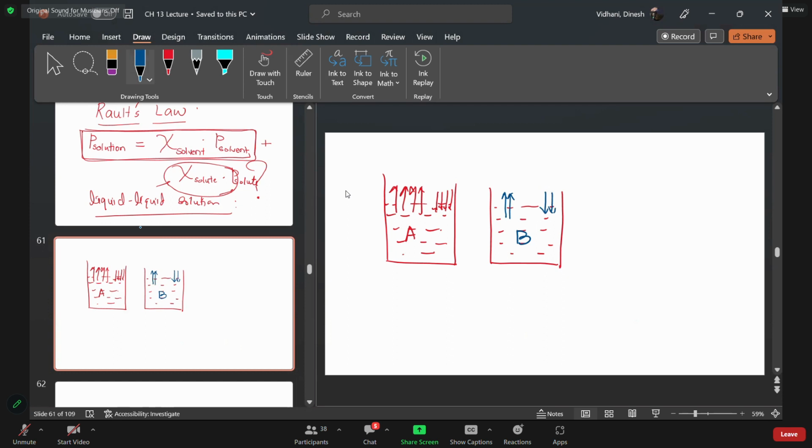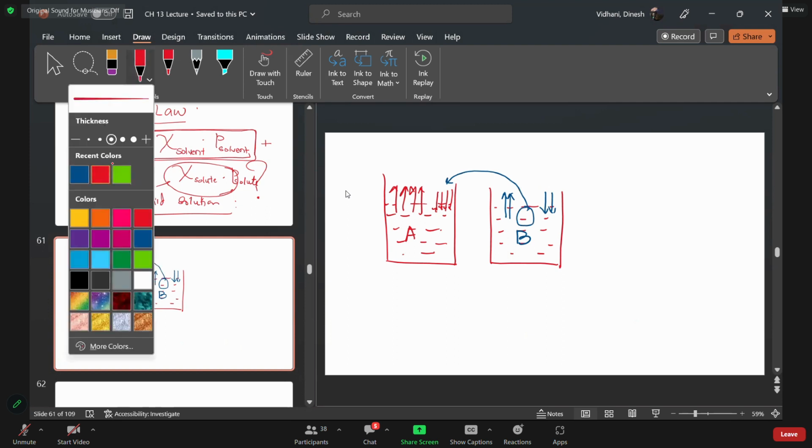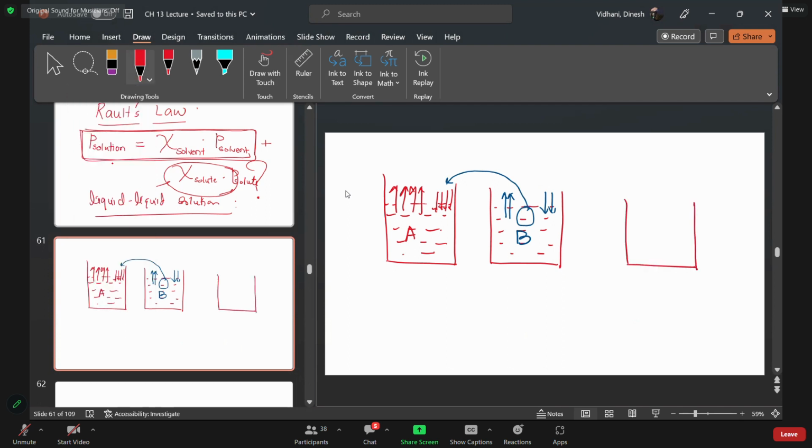Now, if I take a small amount of B and I put it in A, what will happen in that case? I'm going to get a solution of B in A. A is basically your solvent. So molecules of A are going in and coming back.